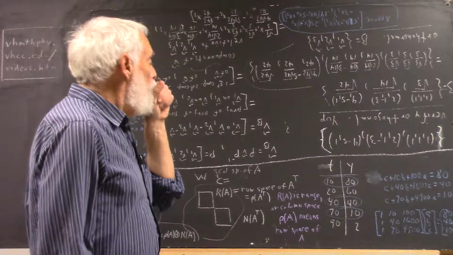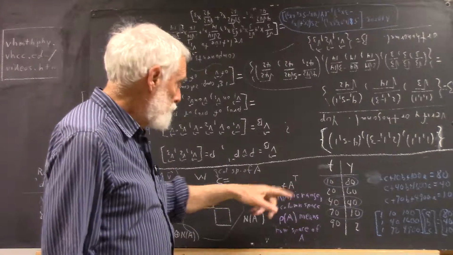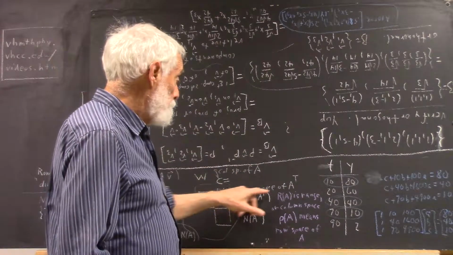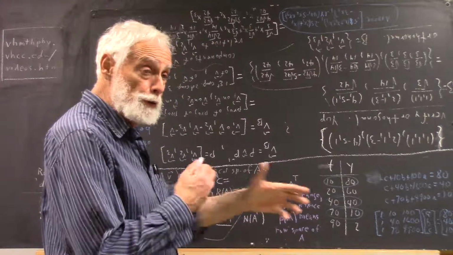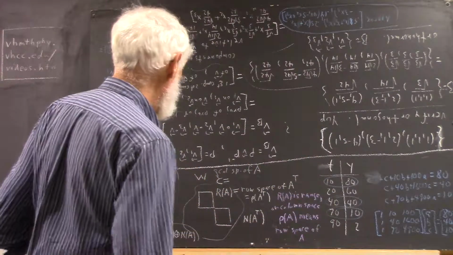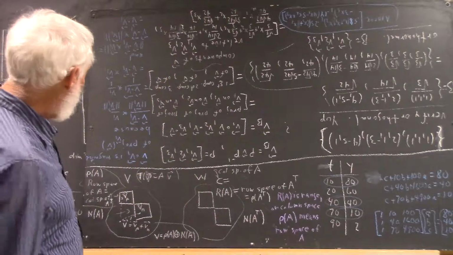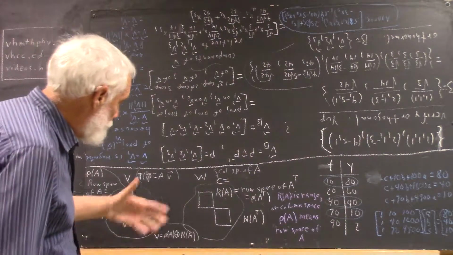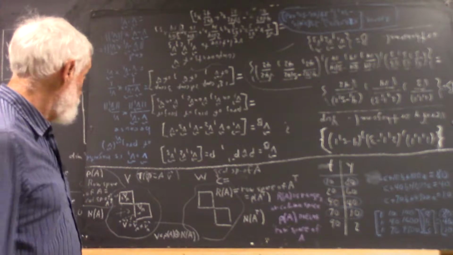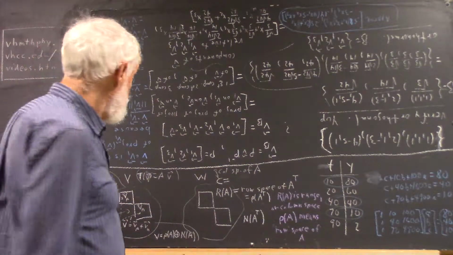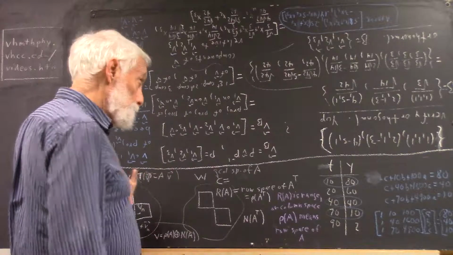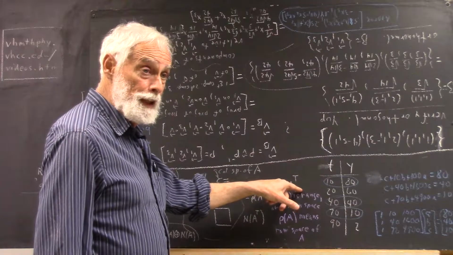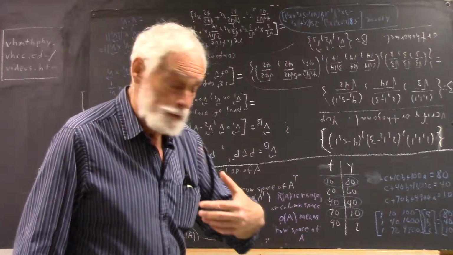It follows immediately that the columns of A span exactly the same vectors that the rows of A transpose do, because the rows of A transpose are exactly the same as the columns of A. Now, for any vector space and any matrix that acts on it, we can break the vector space into its row space, which is now the row space of A transpose, and into the null space of that matrix.